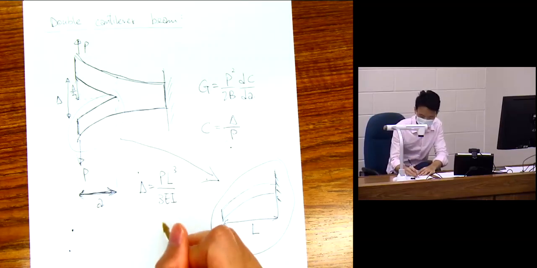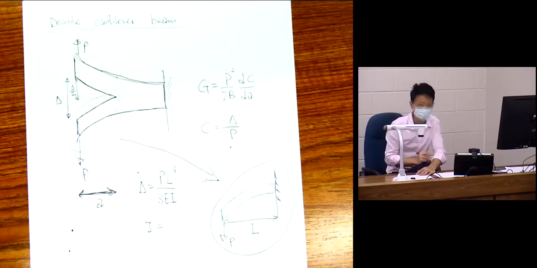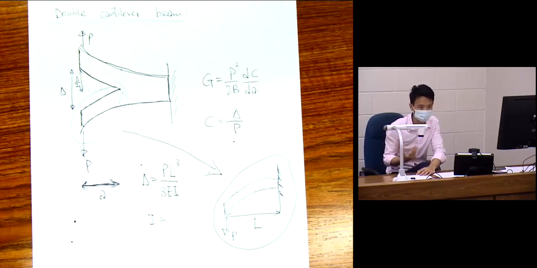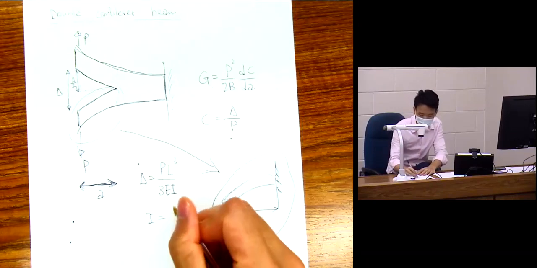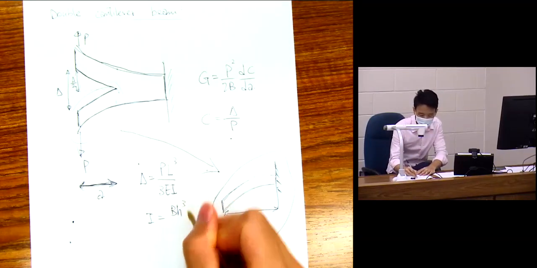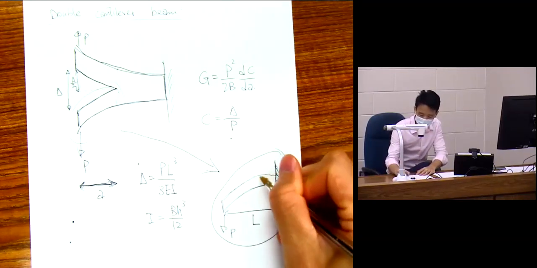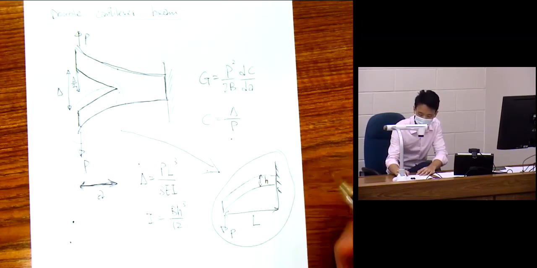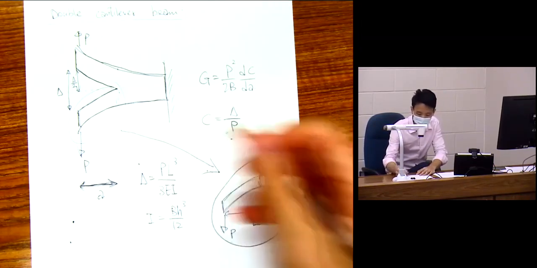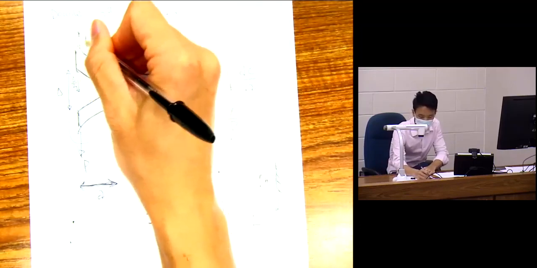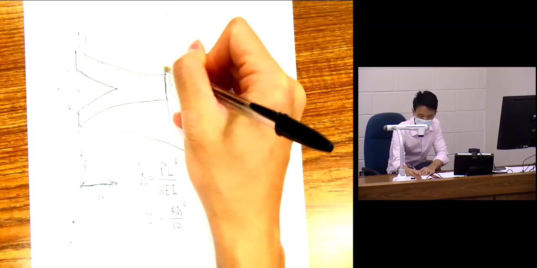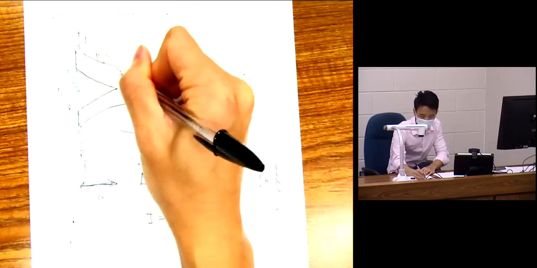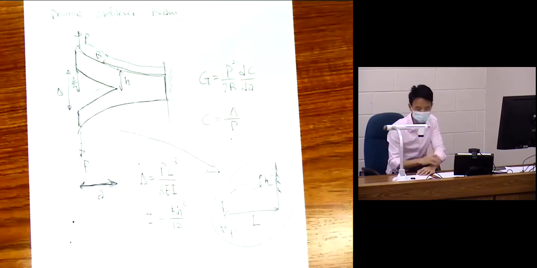Let's say that this is a rectangular beam, the second moment of area is BH cubed over 12, where H is the height and B is the width. So into the page, that is the width, that is B, and here is H.